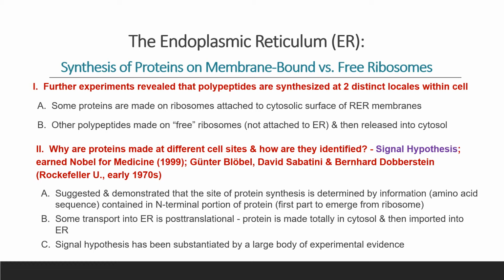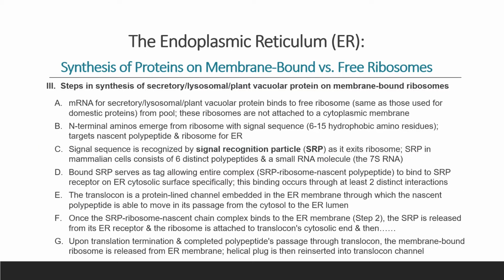Some transport into the ER is post-translational, wherein the protein is made totally in the cytosol and then imported into the endoplasmic reticulum. The signal hypothesis has been substantiated by a large body of experimental evidence afterwards.